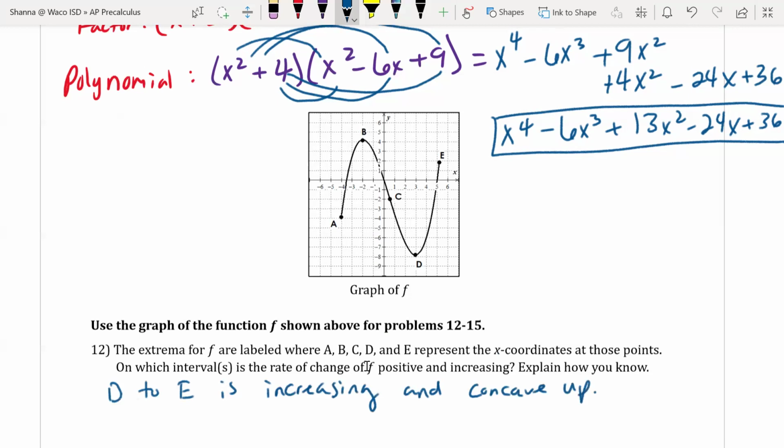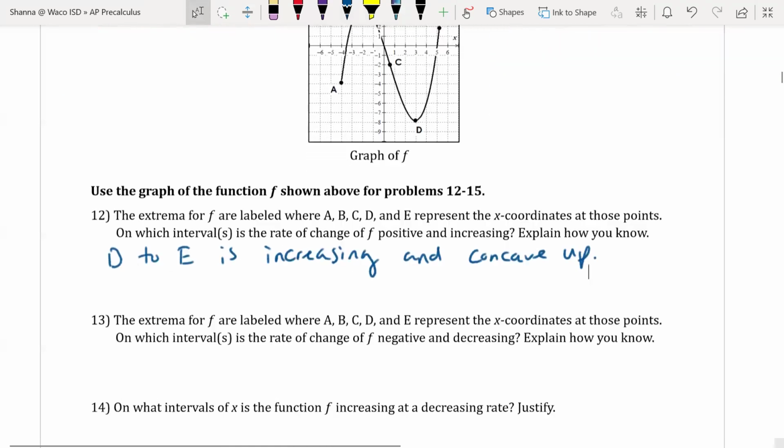Okay, let's try the next one. Ready? It says, on which interval is the rate of change negative and decreasing? Negative and decreasing.